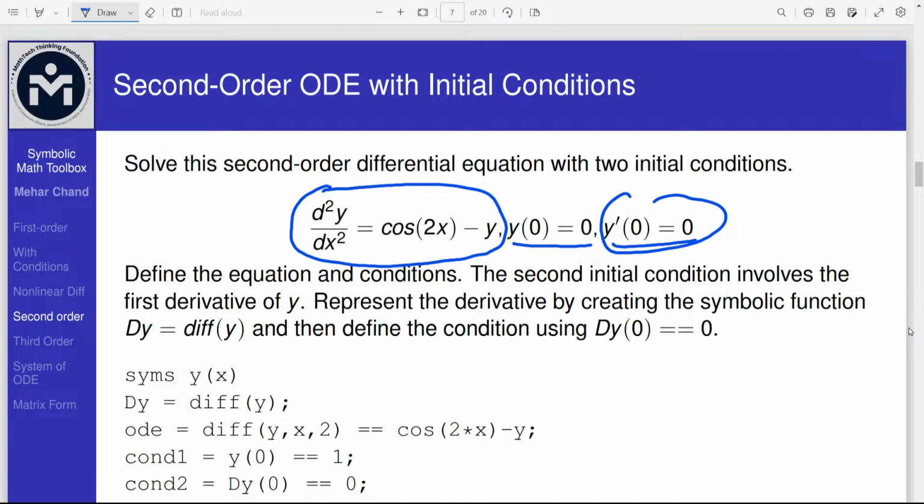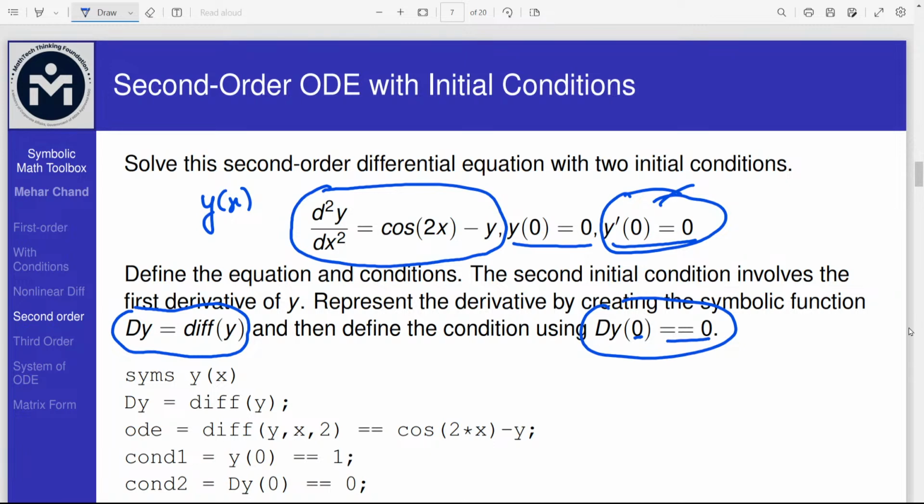For the second condition, we will use dy is equal to diff y. This will represent the derivative by creating the symbolic function, and we need to define a symbolic variable here. You can see y is a function of x according to the given differential equation.